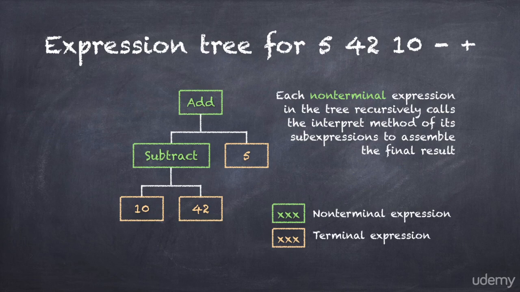You can see that the final add operation is at the top of the tree. By calling its interpret method, I can execute the entire expression and get the final result of 37. Each non-terminal expression in the tree recursively calls the interpret method of its sub-expressions to assemble the final result.